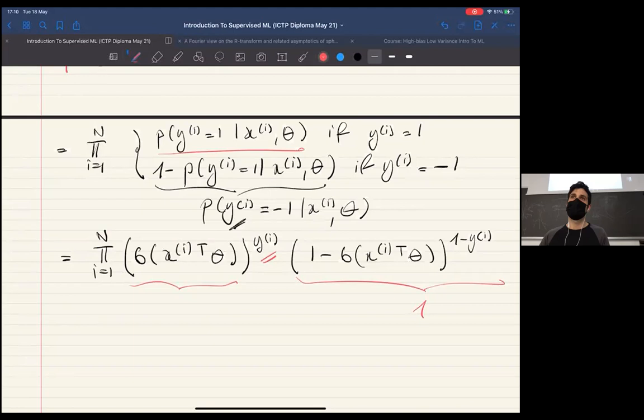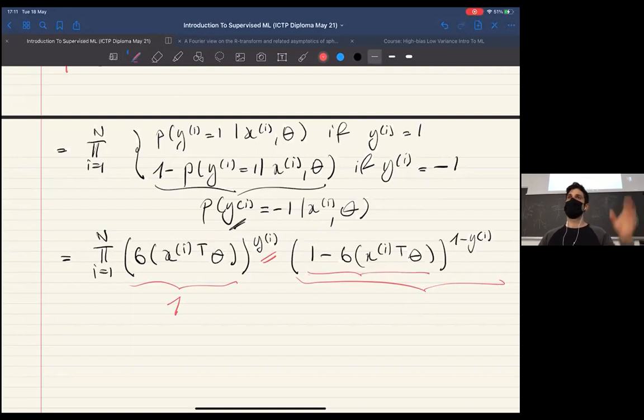Is it clear? In the opposite case, if the yi is equal to 0, this would give me a 1, and this gives me exactly what I want, the probability of being a -1 according to my model, which is exactly 1 minus the logistic.